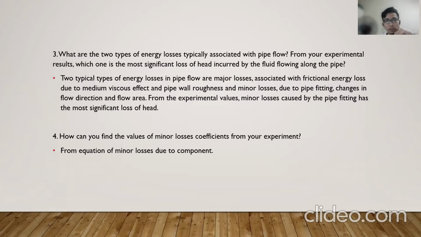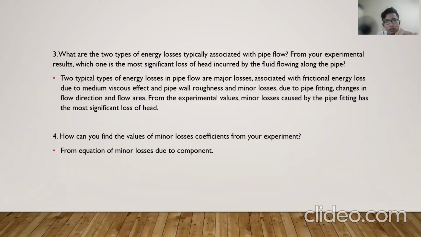The third question asks which are the two types of energy loss associated with pipe flow, and from the experiment results, which is the most significant loss of head incurred by the flow along the pipe.